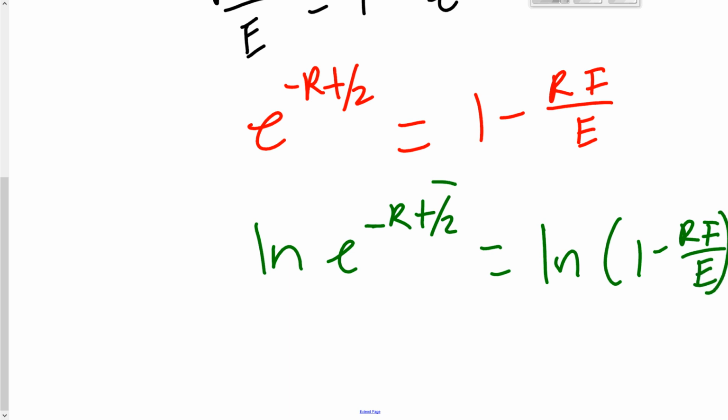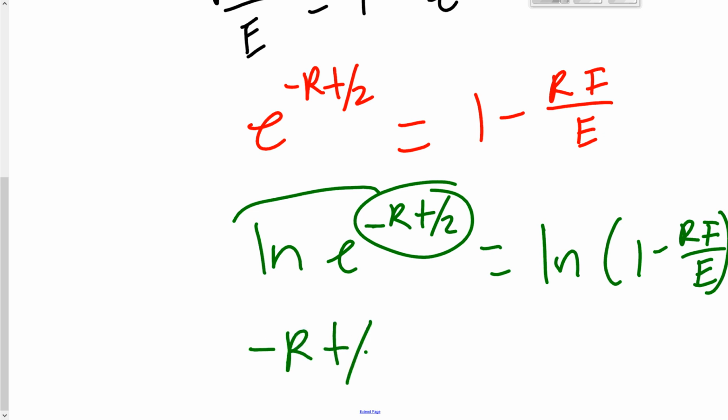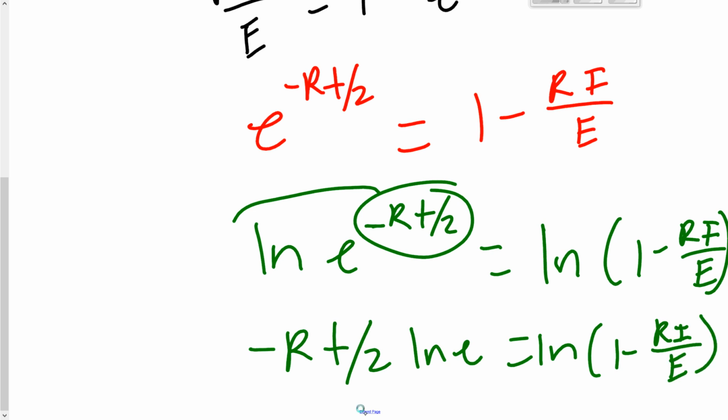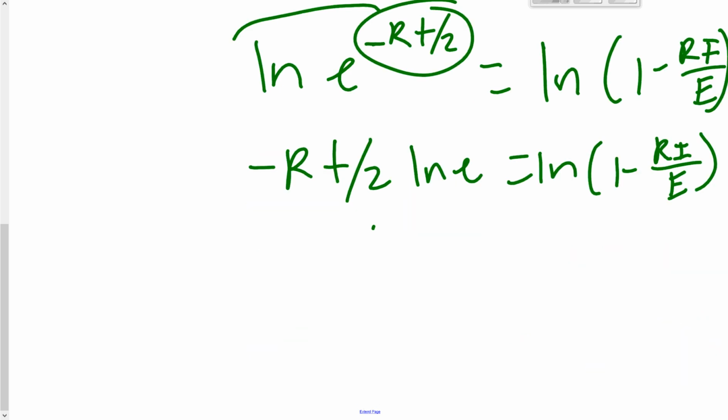Right, and now I can bring this exponent out front, and then ln of e is going to equal 1. This is rt divided by 2 equals ln of 1 minus ri over e. Then I'm dividing by 2, so we'll multiply by 2 on both sides. And ln of e equals 1.